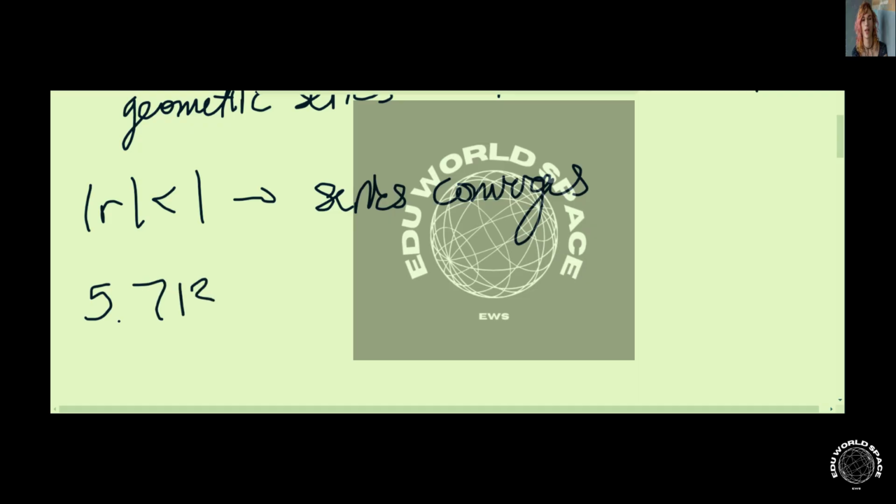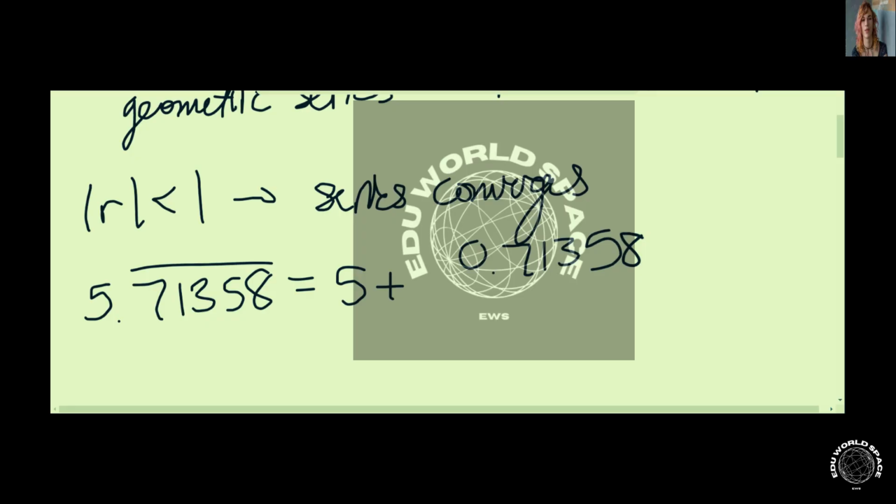So 5.71358 repeating is equal to 5 plus the sum of our geometric series, which is our initial term, 0.71358, over 1 minus the common ratio, 0.00001.